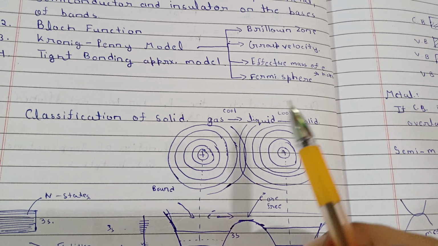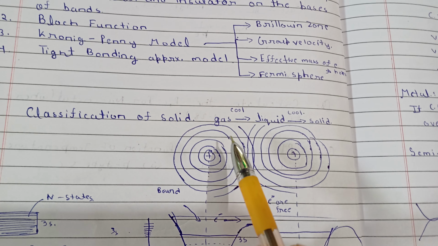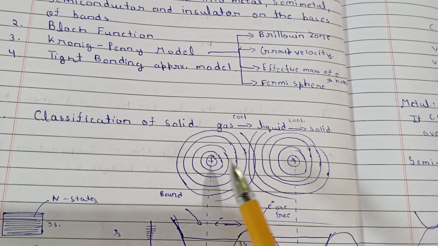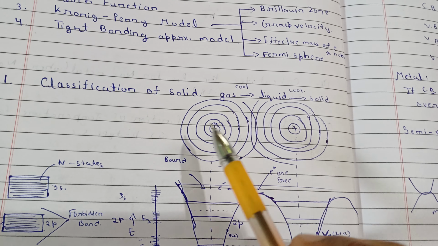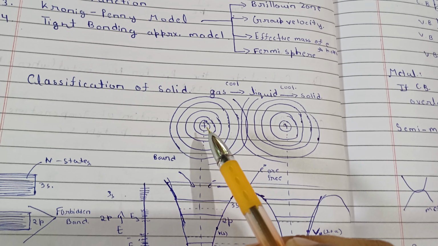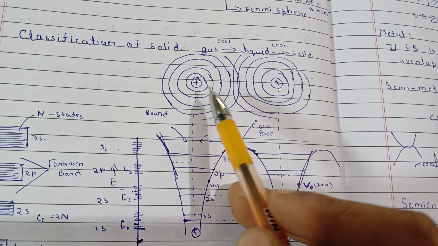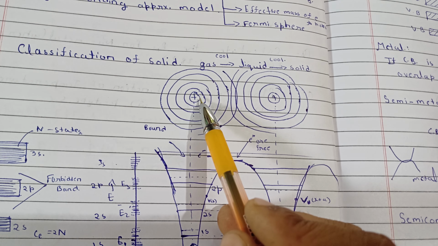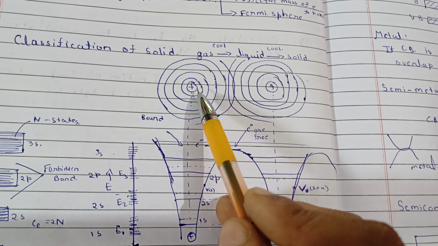Let me give you more detail. Let's say we have an atom, just consider it up to here and another up to here, meaning they are not overlapping. Now if you consider a single atom like this, and you plot the energy diagram according to the distance from the center, you will see that the energy of the electron at the nucleus will be more negative.